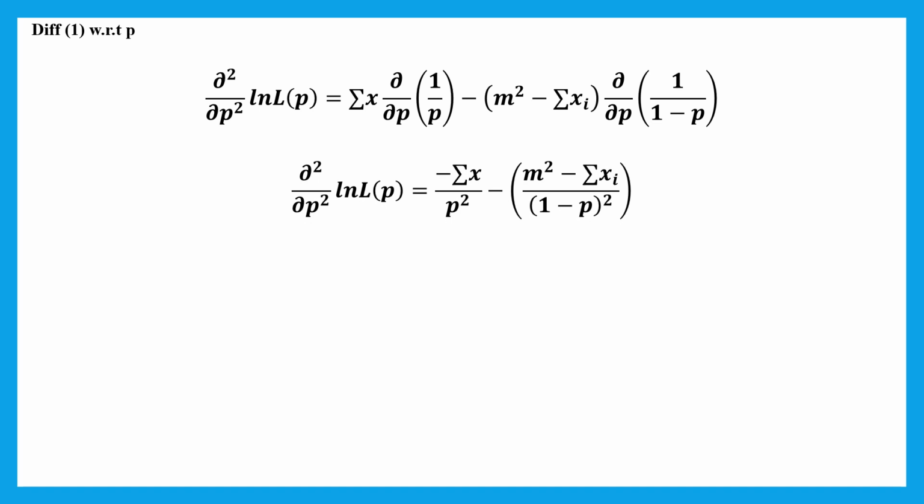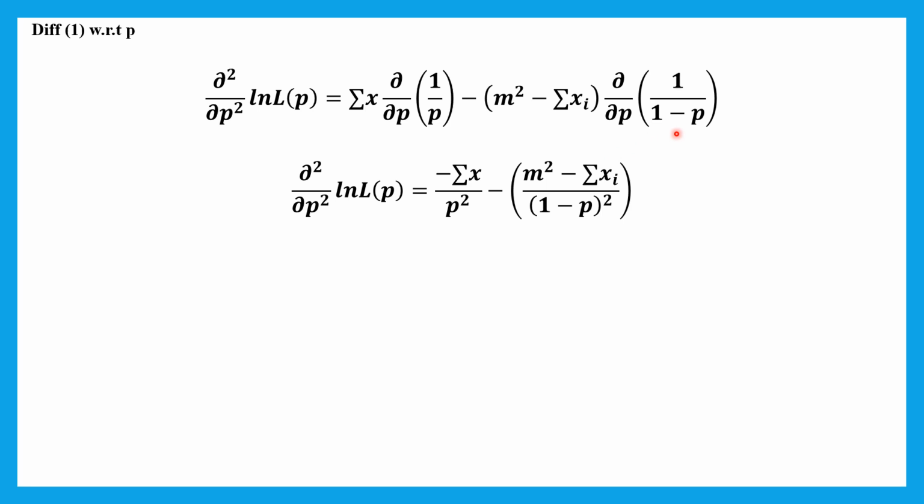Now to ensure that the function is maximized, we have to take the second derivative of equation number 1. Applying the second derivative, summation x will remain outside. We take the derivative of 1 over p, and again m square minus summation x will remain outside. We take the derivative of 1 over 1 minus p. The derivative of 1 over p is minus 1 over p square, so we have minus summation x over p square.